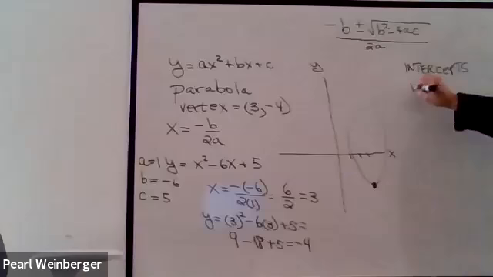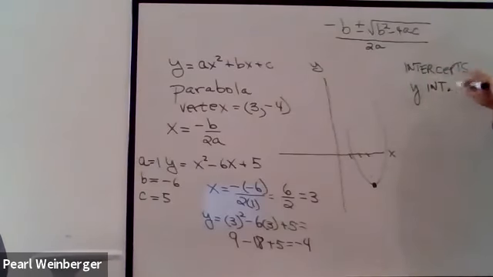Now, I'm going to start with the y-intercept because that's usually the easier one to do. Remember, we did this before, if you want to find a y-intercept, in your equation, put x equal to 0.